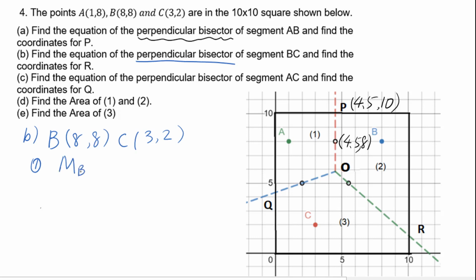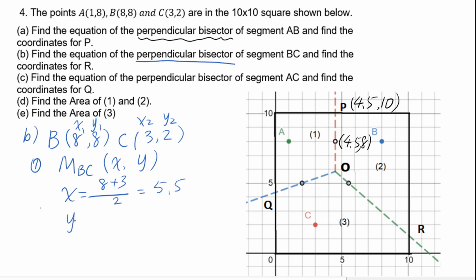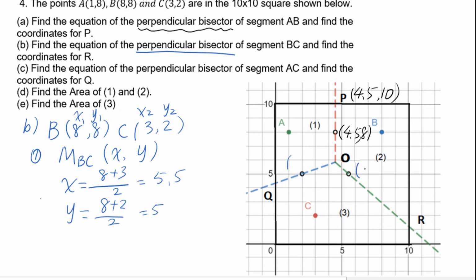Let's label it as M_BC, (x, y). So you have x1, y1, x2, y2. You will get x equals (8 plus 3) over 2, that is 5.5. For y equals (8 plus 2) over 2 equals 5. So this point is (5.5, 5).